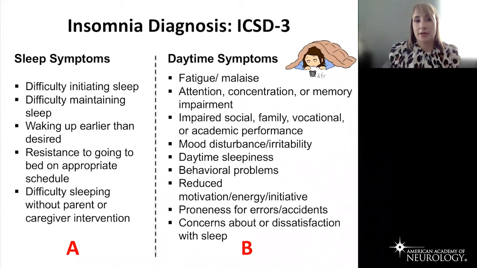They have to have some of the things in column A, and then it has to have some kind of negative consequence, right? If you say it takes me like 2 hours to go to sleep, but it's not causing any problem, then you don't meet that criteria yet. But the truth is most people do have something going on in column B.